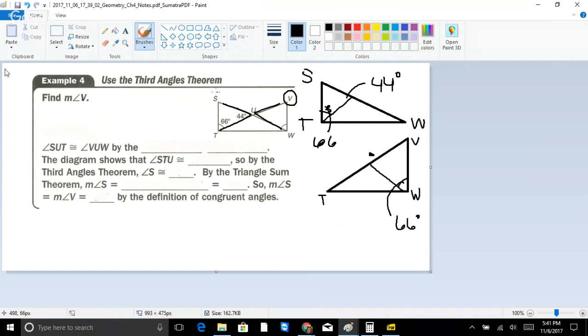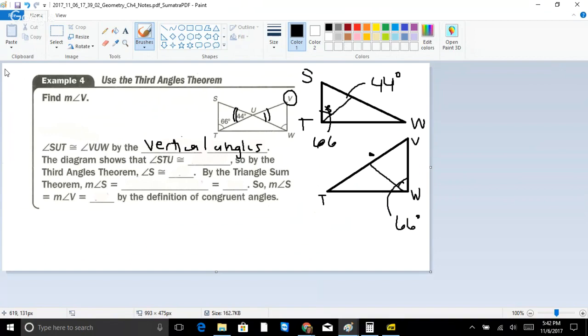Because of a rule we learned a long time ago called vertical angles. So this angle is congruent to this angle right here, which means they're both 44 degrees.